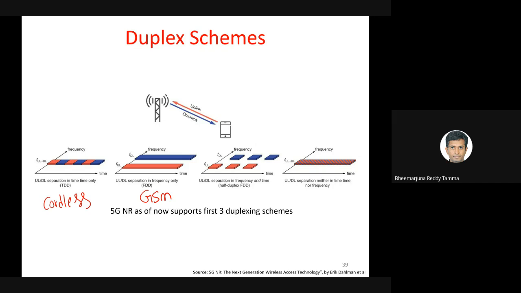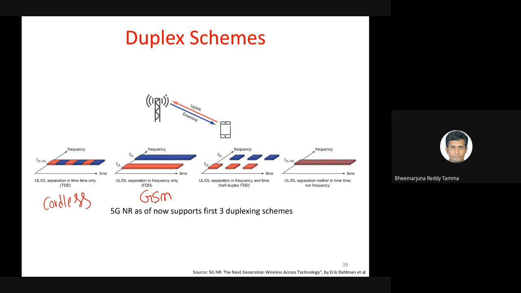They work on the ISM band, which is unlicensed, where you allocate certain time slots in the TDMA frame for downlink and certain time slots for uplink. In GSM, for a given handset, whenever you are making or receiving a voice call, you allocate one uplink frequency and one downlink frequency, which are separated by a certain guard band to avoid cross channel interference. So this is TDD and FDD.